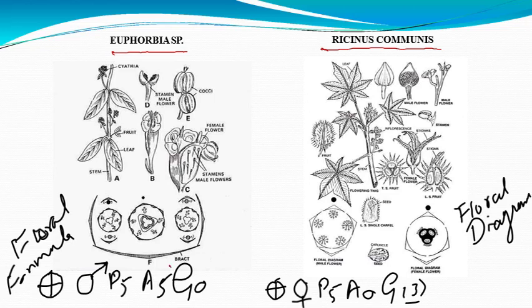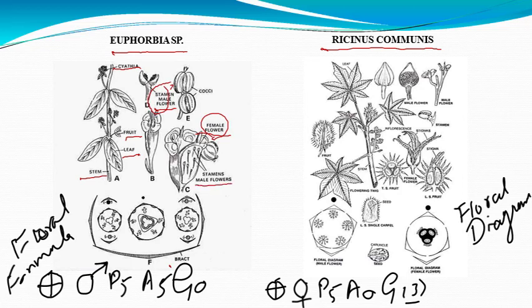Here we have the stems, leaf, fruit, then we have the inflorescence, that is a special inflorescence, the cyathium, and here we have the male flower, then we have the female flower, and this female flower is followed by a stalked male flower.